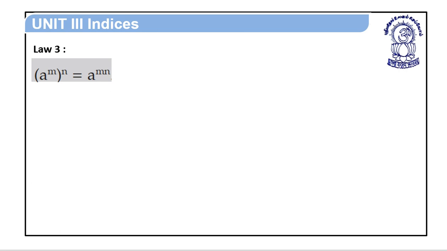Now move to law 3. (a raised to m) whole raised to n is a raised to m into n. Here consider one example, 3 square whole cube. So 3 square is equal to 9. But that's not right.